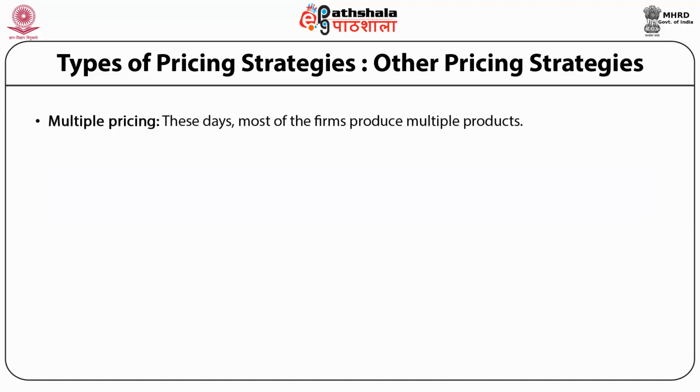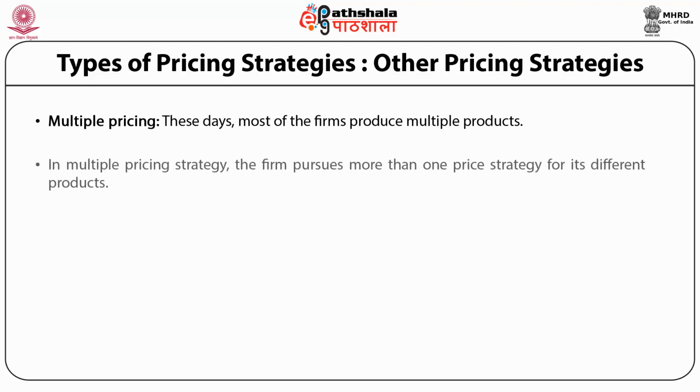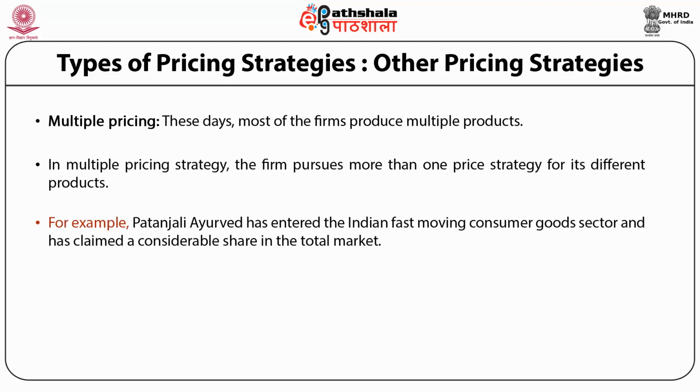Multiple pricing. These days, most of the firms produce multiple products. In multiple pricing strategy, the firm pursues more than one price strategy for its different products. For example, Patanjali has entered the Indian fast-moving consumer goods sector and has claimed a considerable share in the total market.